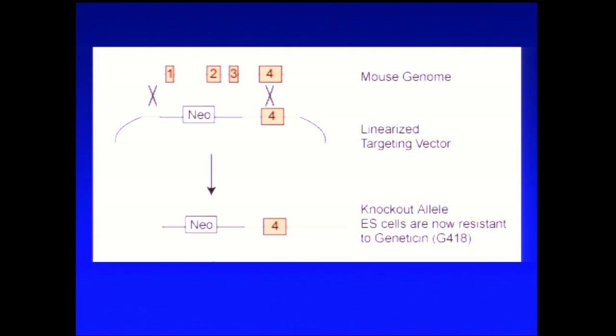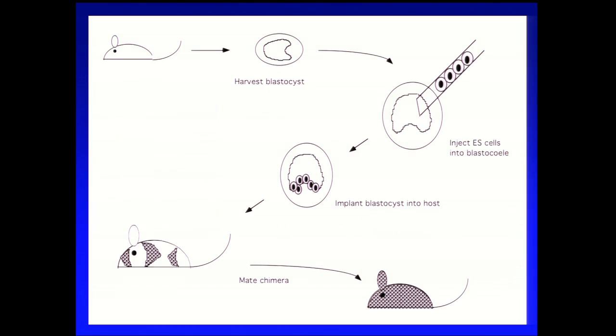If you have a selectable marker, you can identify those cells which have incorporated the DNA and have generated a specific modification event. And once you've done that, then you can inject that modified ES cell line into blastocysts, get your chimera, and end up with a progeny that carries your genetic modification.